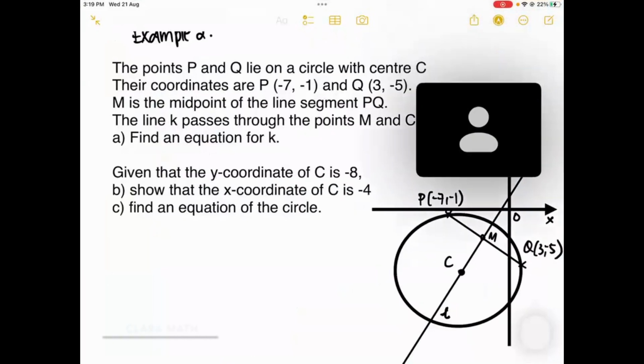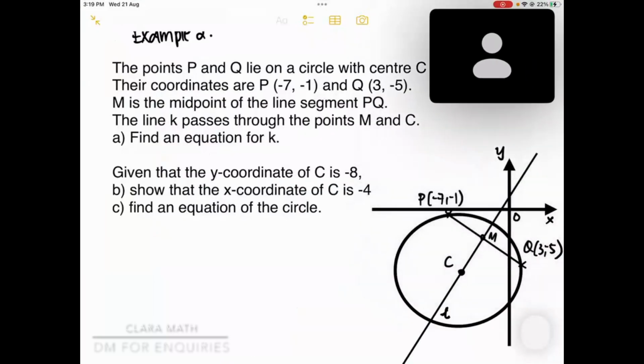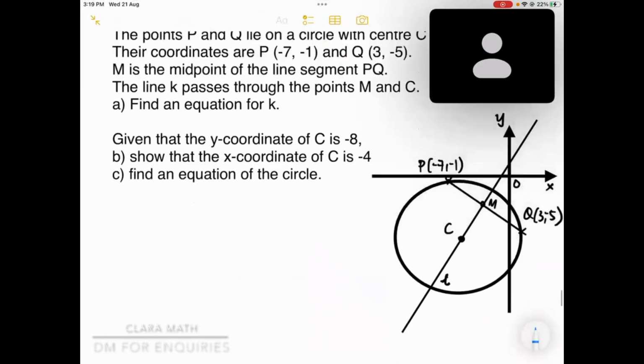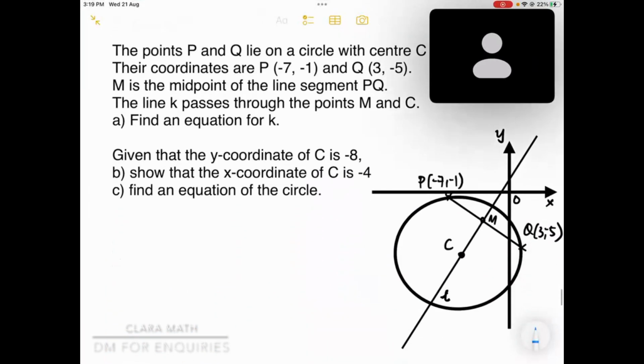Okay, next example is slightly longer. In here we have a diagram, and we need to see there's a chord, there's a center, a midpoint, and a line L. The line K passes through M and C. Find the equation for the line.